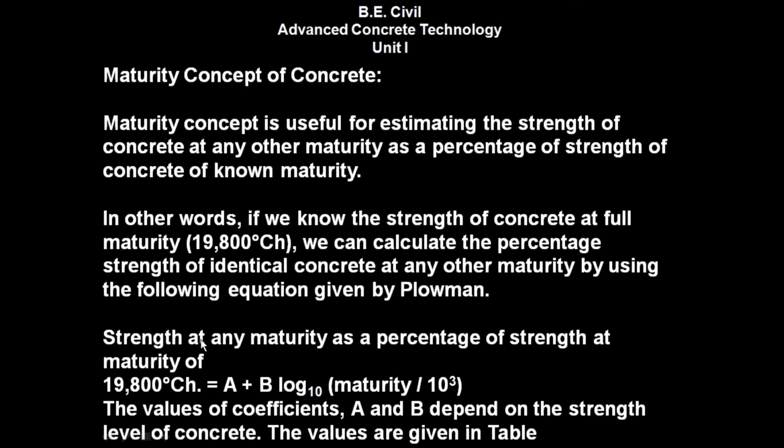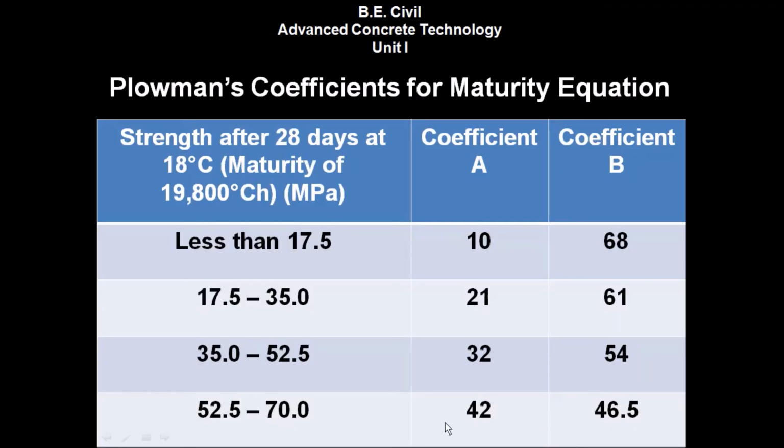The strength at any maturity as a percentage of strength at maturity of 19,800 degrees Celsius hours is equal to A plus B log to the base 10 of maturity upon 10 to the power 3. The values of coefficients A and B depend upon the strength level of the concrete. The values are given in the table. Now you can see the table here.